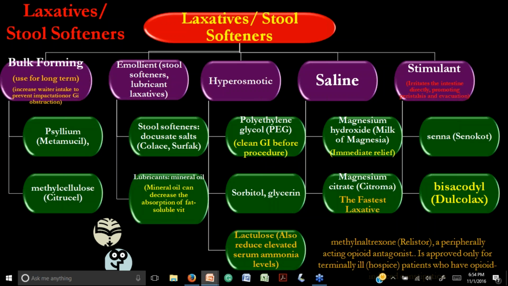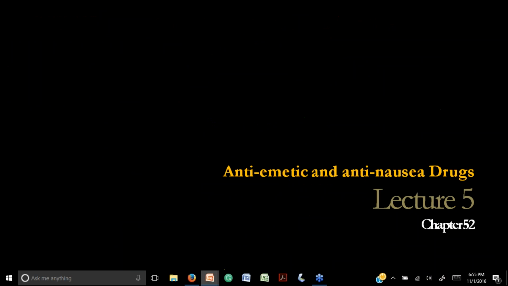So we are using this side effect as a benefit in this case. Magnesium citrate is the fastest laxative, so it's immediate relief. Everything that is magnesium is very fast. And we have here the Dulcolax, the bisacodyl. All right, so let's keep going.